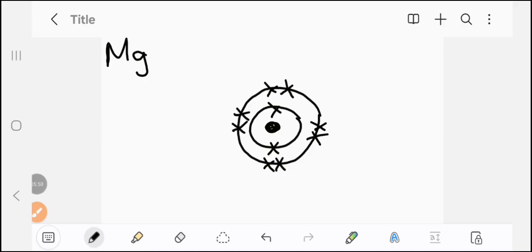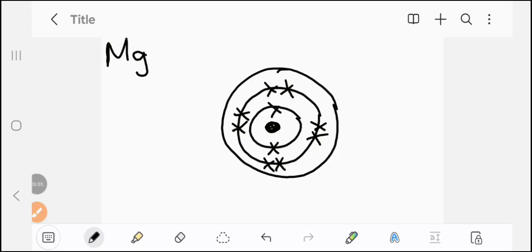That makes 10 electrons so far. So that means we need another shell. Then we will draw the 2 remaining electrons. So this is what your magnesium atom will look like.